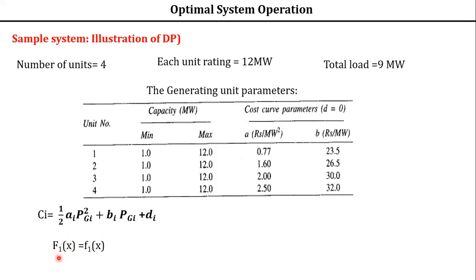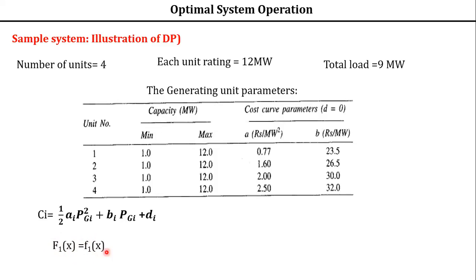So capital F1(x) is the minimum cost in rupees per hour for generating X megawatt by the first unit.